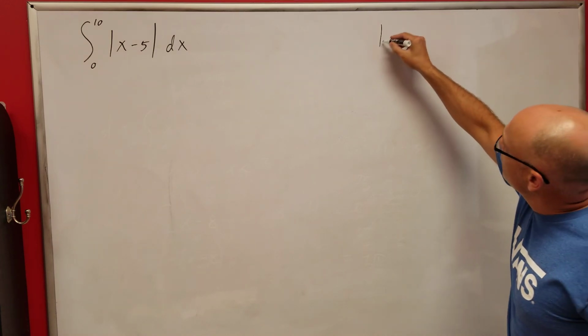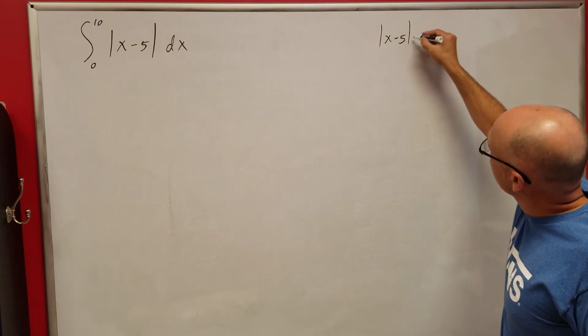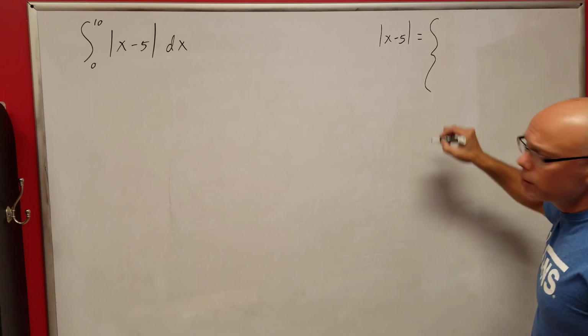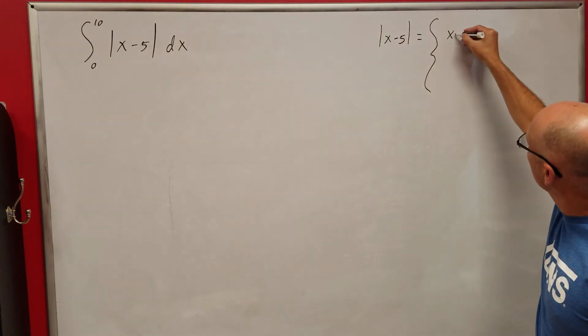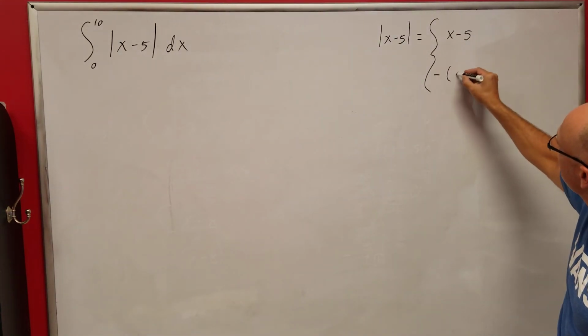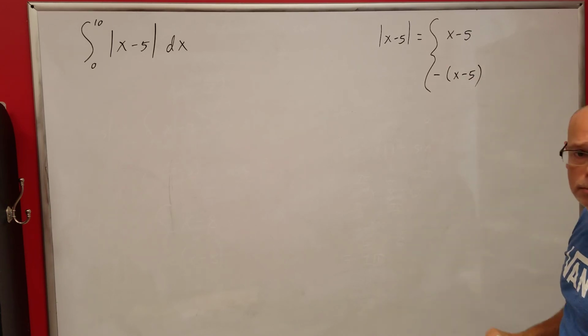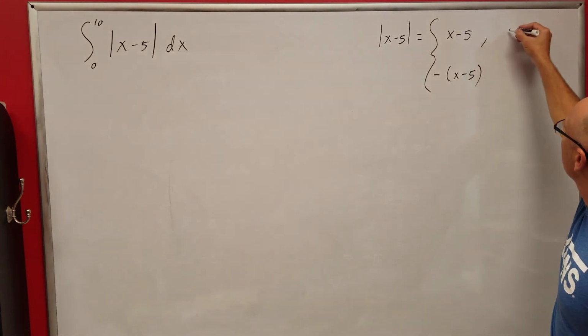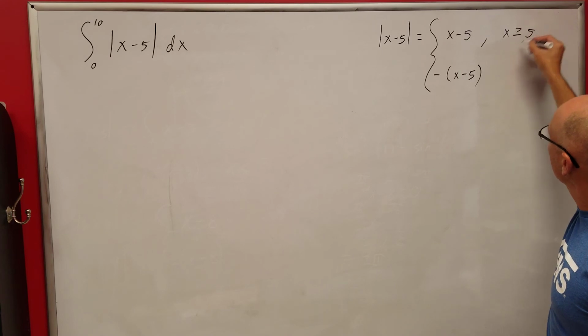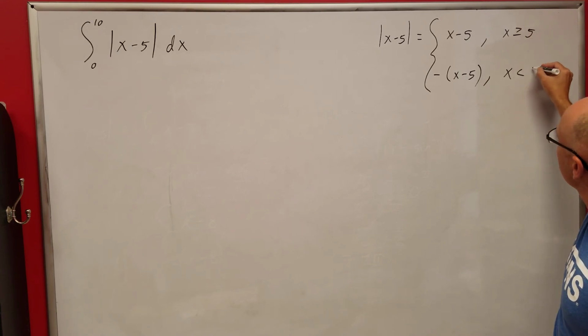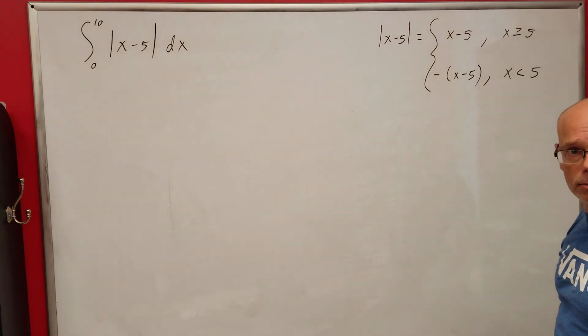All right, how do I write absolute value of x minus 5 as a piecewise defined function? I'm going to write it as either x minus 5 or the opposite of x minus 5, right? And this part is valid for whenever x is greater than or equal to 5. This part for whenever x is less than 5, right?